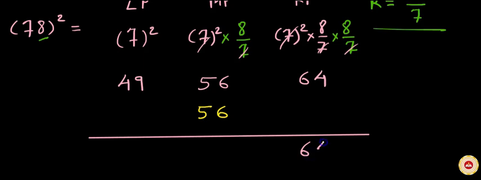Add 56 plus 56. 6 plus 6, 12. 5 plus 5, 10, plus 1. That means 56 plus 56 is 112. And write 49 as it is. We have got three parts: 49 in the left part, 112 in the middle part, and 64 in the right part.